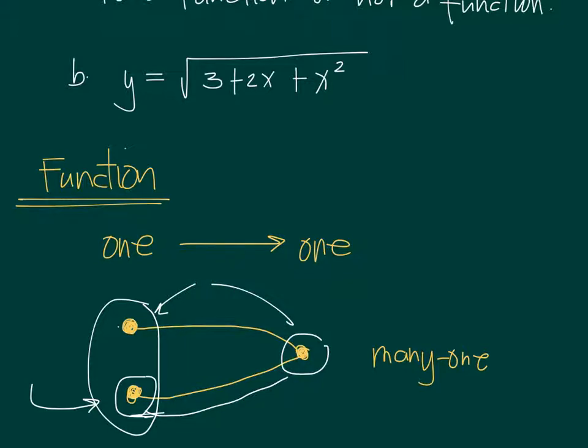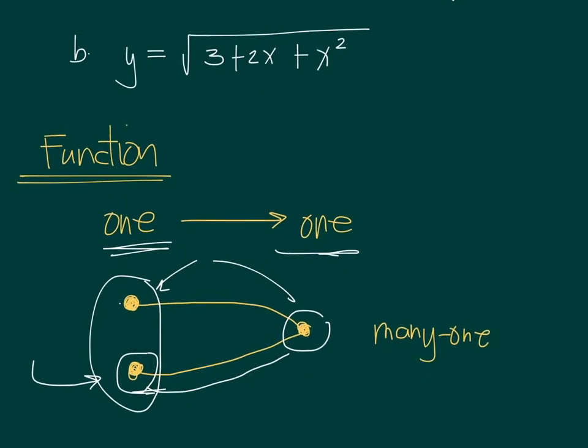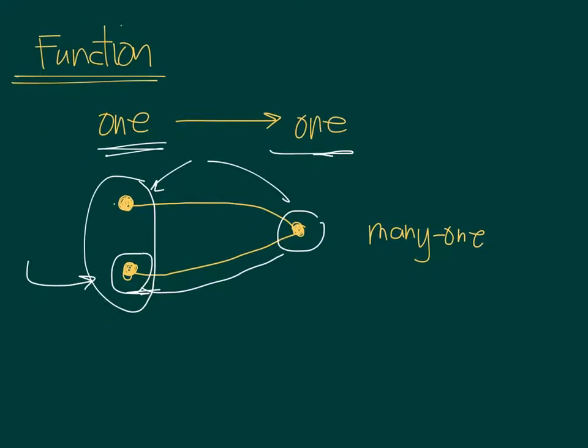Now to summarize the idea of functions, always keep in mind that whenever you get an element from the first set, you always end up with one element on the second set. To elaborate, let's take an example in which you cannot have a function.